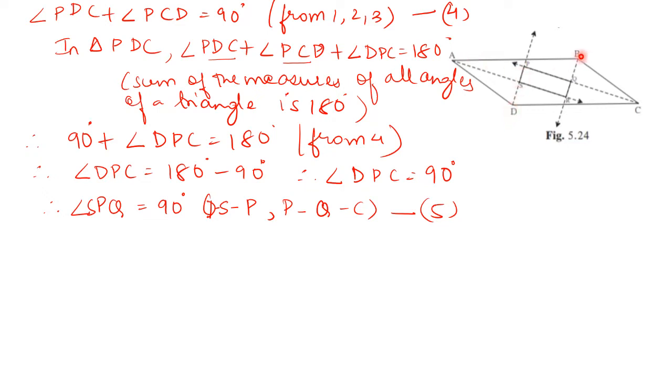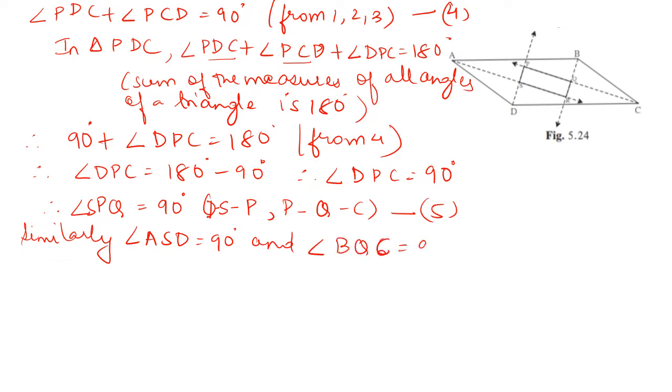Then I can prove that BQC is 90 degrees. Similarly, I can say angle ASD is 90 degrees and angle BQC is also 90 degrees. And I can say that angle SRQ is 90 degrees. Can you see here? SRQ is also 90 degrees.